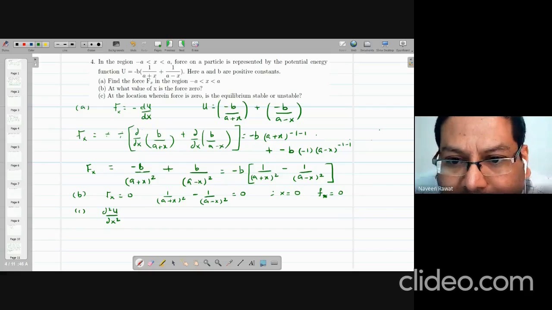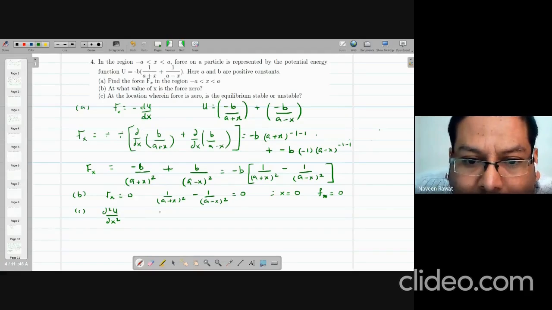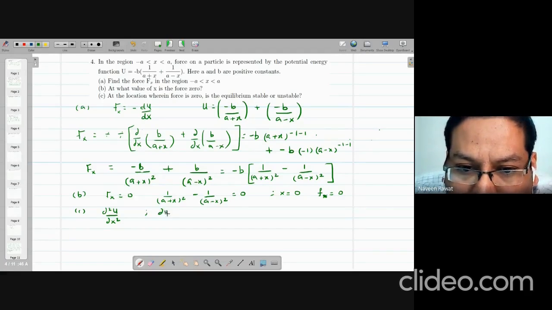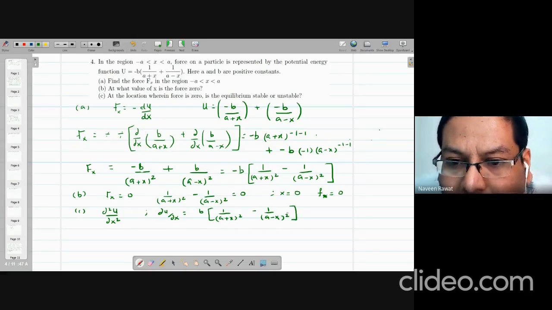Remember there is a minus sign here, so let me write that down. du by dx will be b times 1 by (a plus x) square minus 1 by (a minus x) square. The negative sign gets cancelled because we are calculating du by dx.